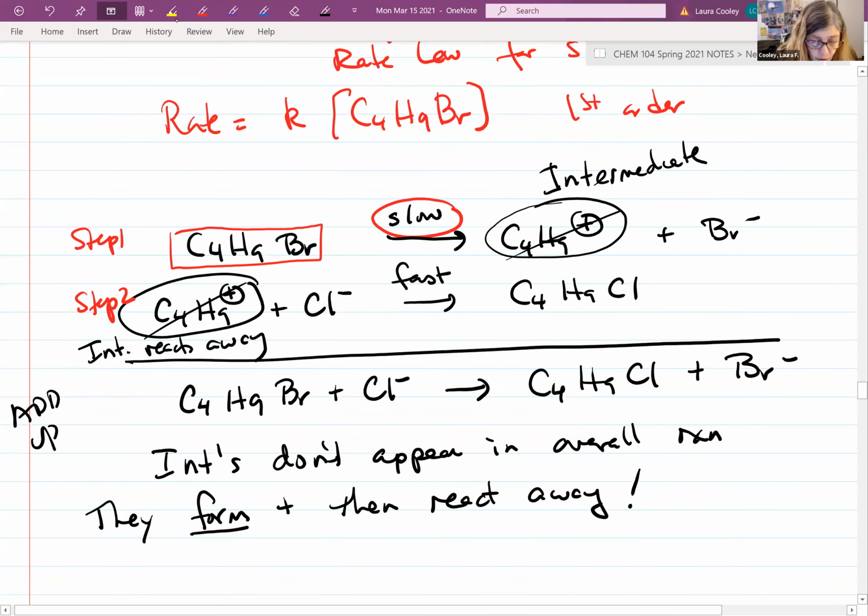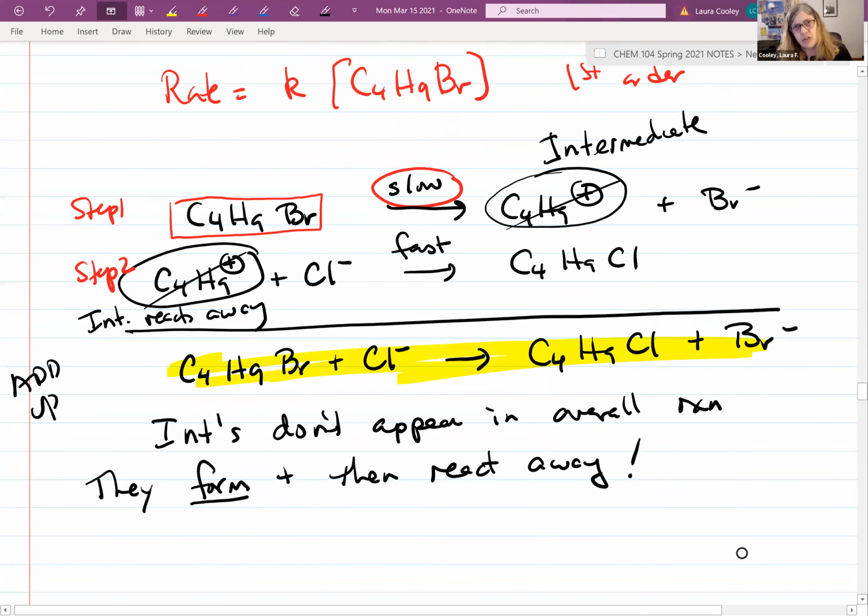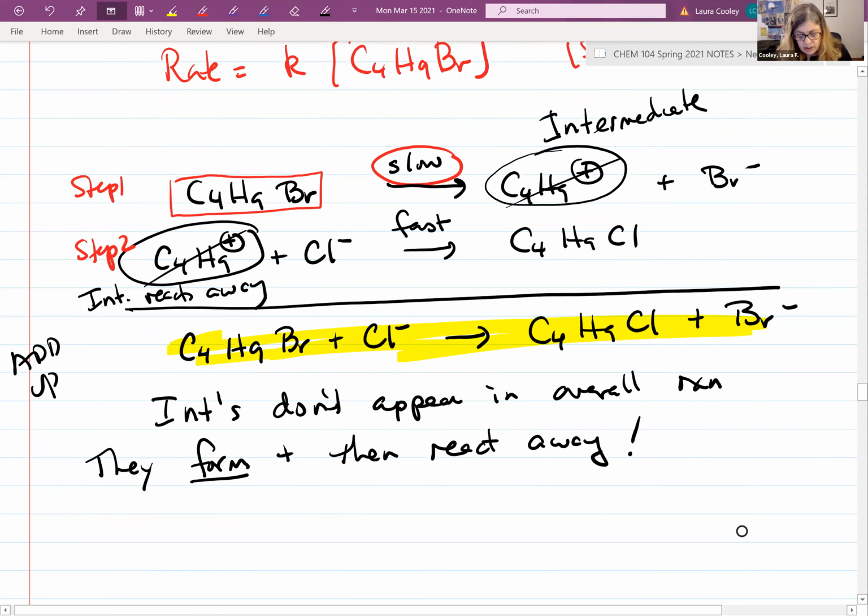So you could look at this overall reaction and you really would have no idea that it's first order in C4H9Br unless you know what the steps are. But you could do an experiment and find out that it's first order in C4H9Br.